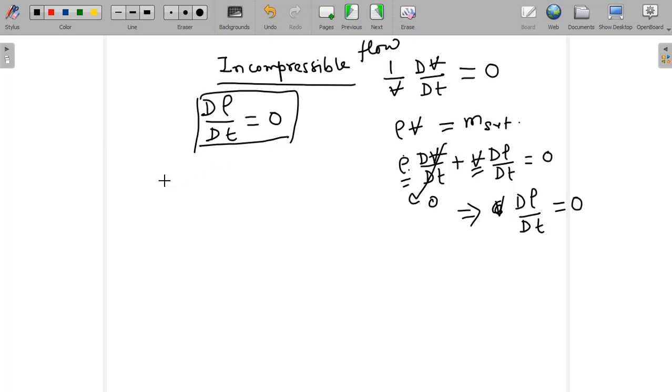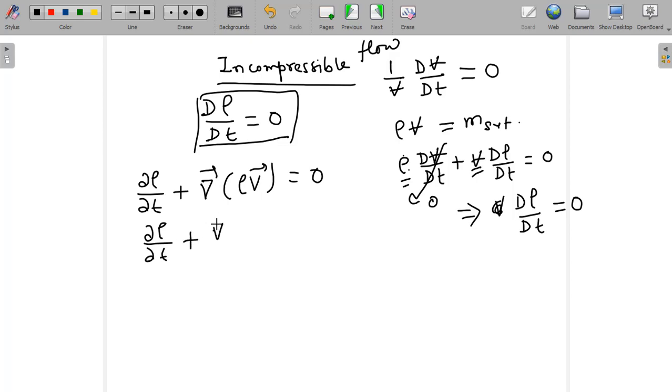But right now this is the definition of incompressible flow. Already we have seen the general form of the continuity equation is ∂ρ/∂t plus divergence of ρV, and this quantity is 0. If this is the general form, then we can write ∂ρ/∂t plus V dot grad ρ plus ρ times divergence of V. This is basically an operator that is applied, and this particular operator is nothing but the material derivative.